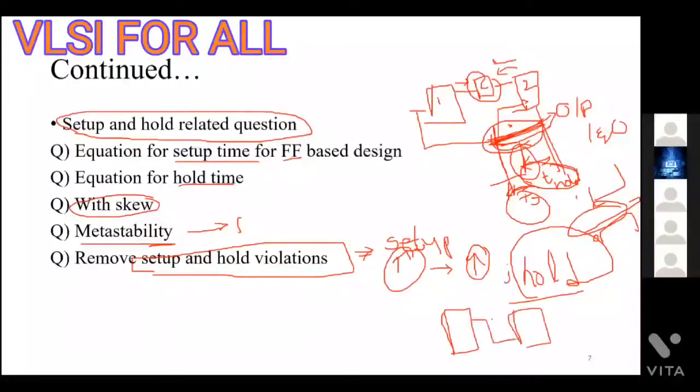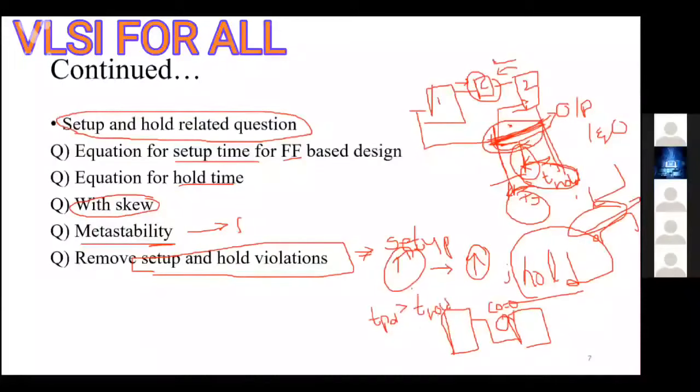Here, for shift registers, there is no combinational circuit part. The combinational circuit delay is 0, and hence the expression for hold will be that TCD should be greater than T hold.